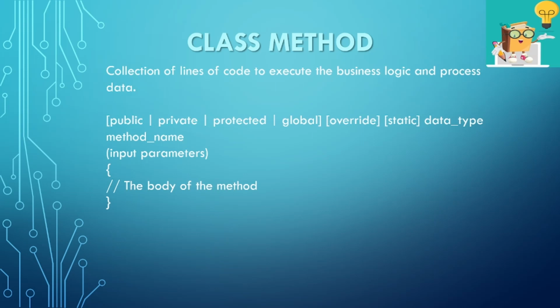To process them we need to get the first name and last name, then only we can process it. So these can be passed as input parameters to the method, so that the method can do the processing efficiently as per the code. And then you have the body of the method.